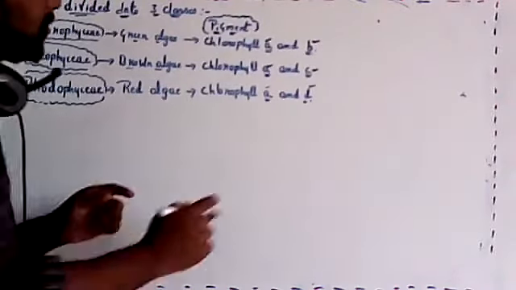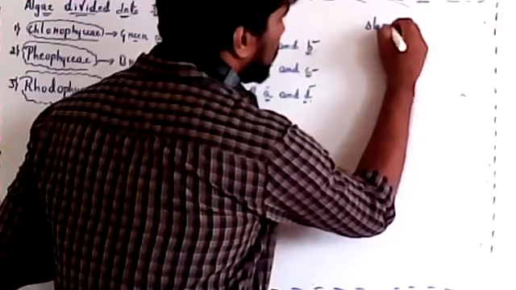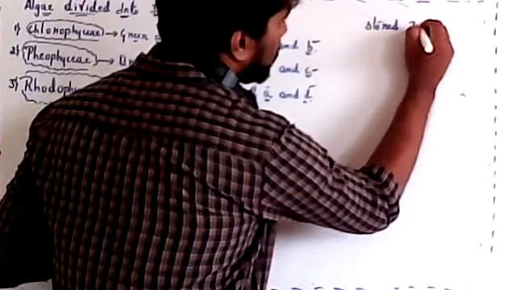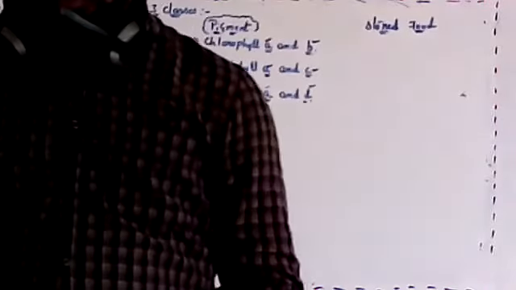Okay. So next, stored food. All the organisms store food. Plants store food in the form of starch. Animals store food in the form of glycogen. Okay.